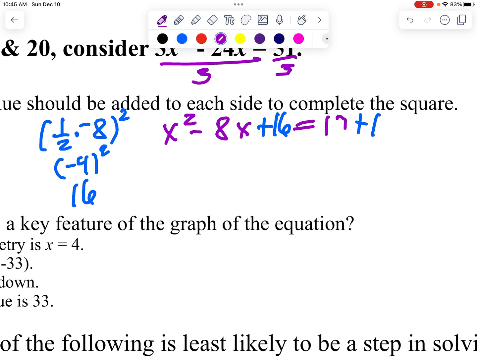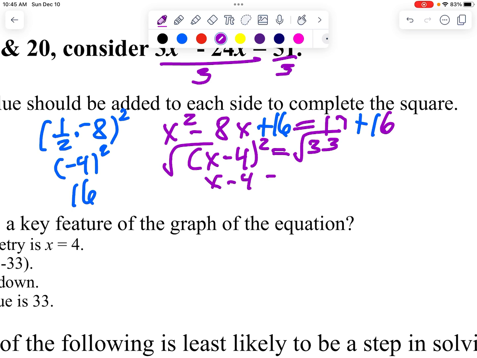So I'm going to get x minus 4 squared equals, I didn't put my 16 there, equals 17 plus 16 is 33. Take the square root of both sides. I'll get x minus 4 equals plus or minus the square root of 33.